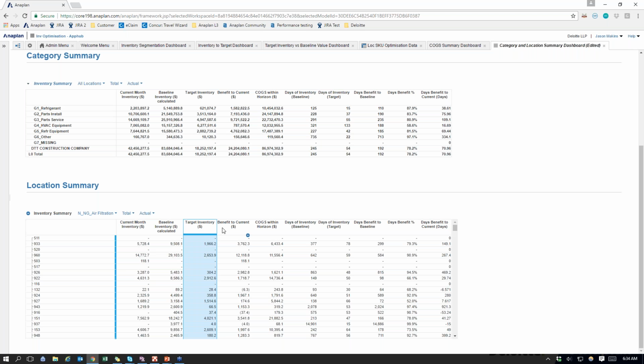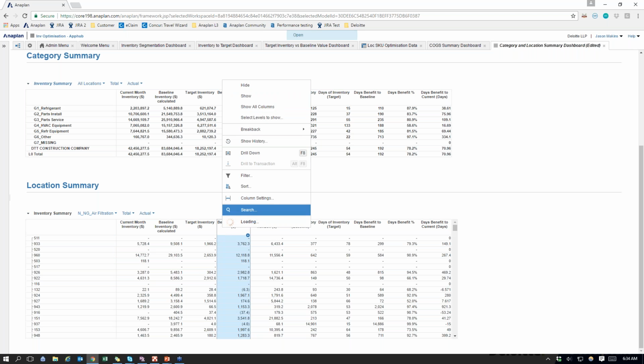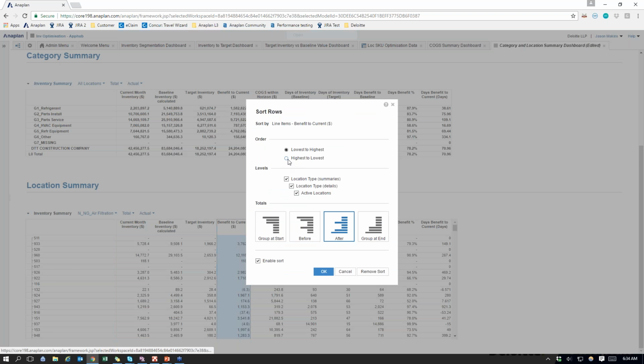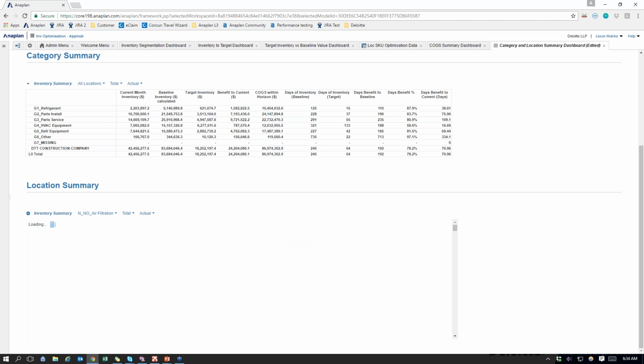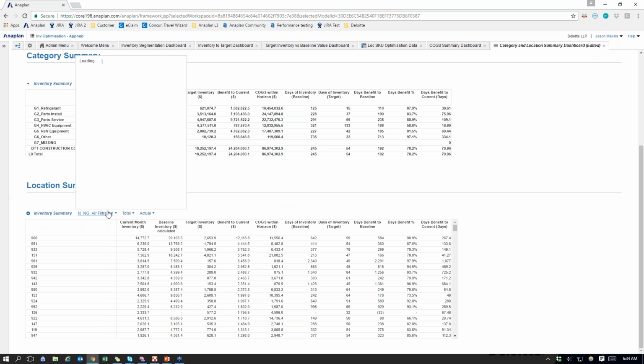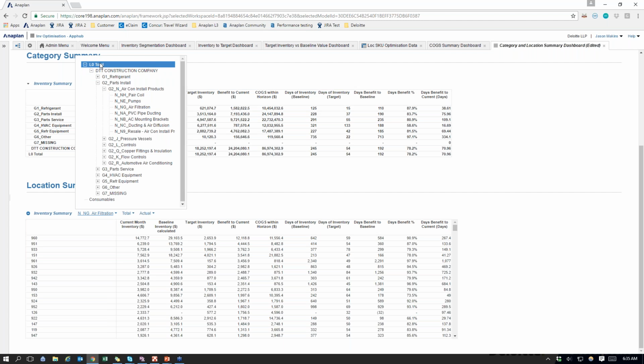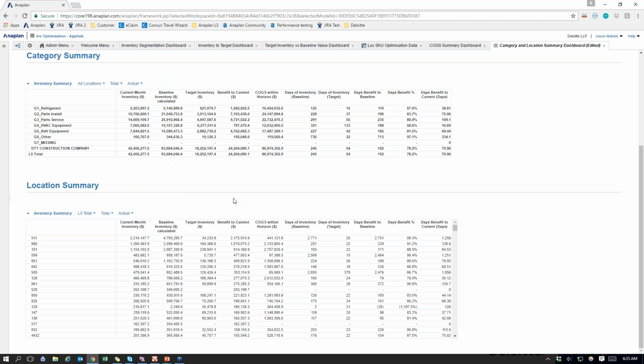And just using some out of the box features from Anaplan, I'll do a sort from highest to lowest on my benefit. I'm going to choose the top of the hierarchy so I can see it across all locations. And you can really start having great conversations right away. You can focus on the biggest prize. So we've got 2 locations up here.